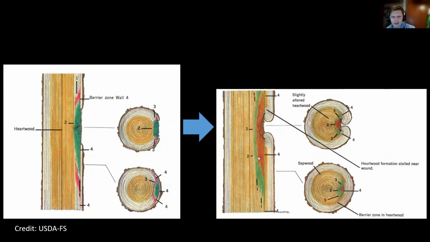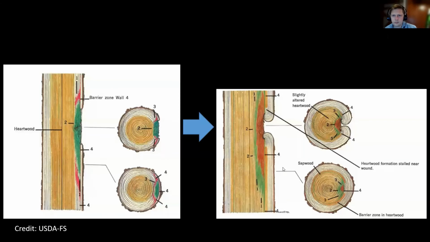And not that a lot of this will go away immediately, but at least the organisms that the tree is defending itself from won't be able to make a lot of progress if the tree is successful in containing the rot or the decaying organisms.